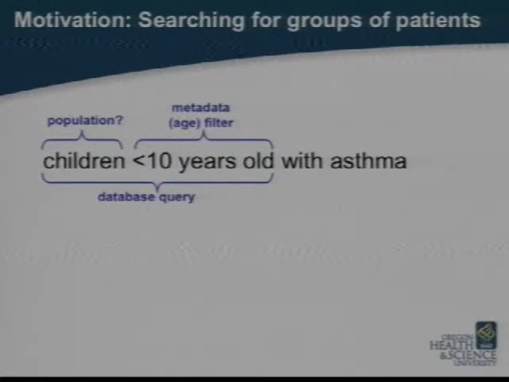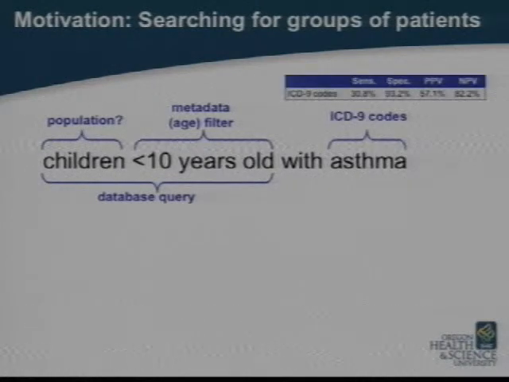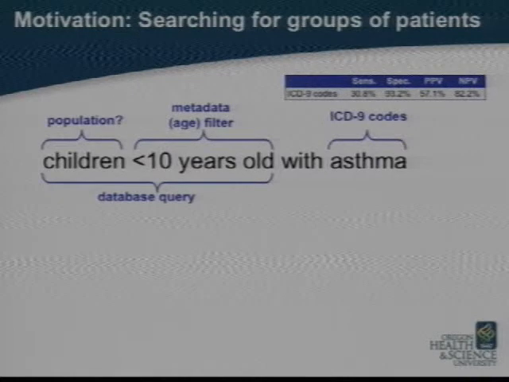So someone mentioned diagnosis codes back there. If you're looking for asthma, you might consider looking at ICD-9 codes. This is what we bill for. You've got asthma because you paid us for it, you know. So unfortunately, my clinical collaborator did a study and did manual chart reviews. You can't see those numbers. The sensitivity is 30%.